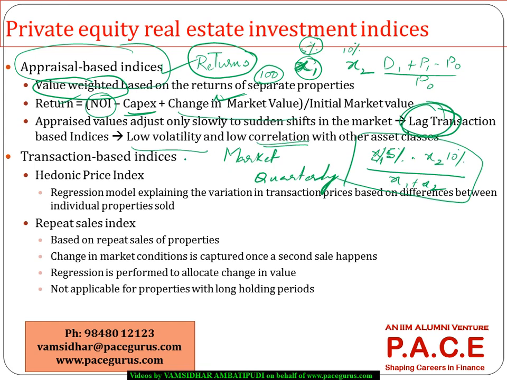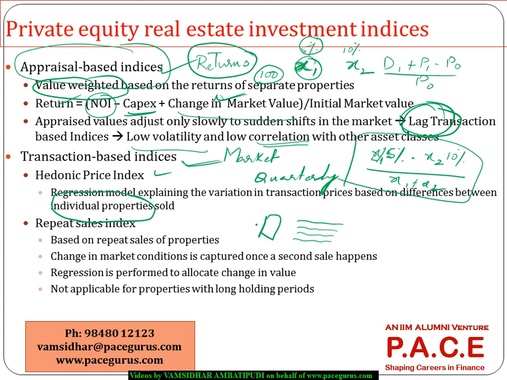But on the other side, we have a few real estate indices which are purely transaction based. Here, each and every individual property that is getting sold is taken into the hedonic price index, a kind of regression model, with prices as the dependent variable and the various individual features or characteristics as the independent variables.